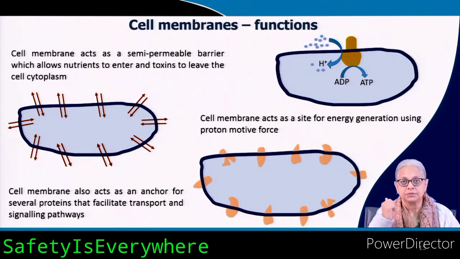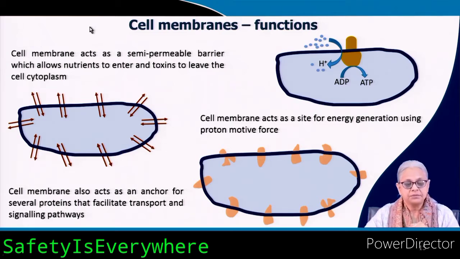What are the functions of the cell membrane? The cell membrane acts as a semi-permeable barrier, because it's the phospholipid bilayer that won't allow anything to come in and out. It has become completely clear that nothing can pass through, literally, and maybe only gases like oxygen may be the only things that can pass through this phospholipid bilayer.